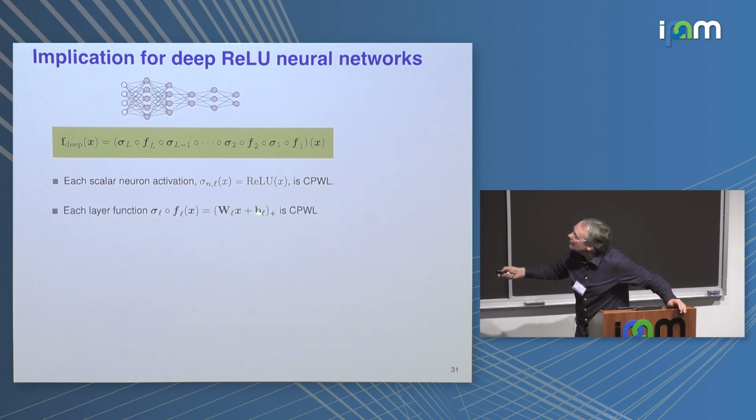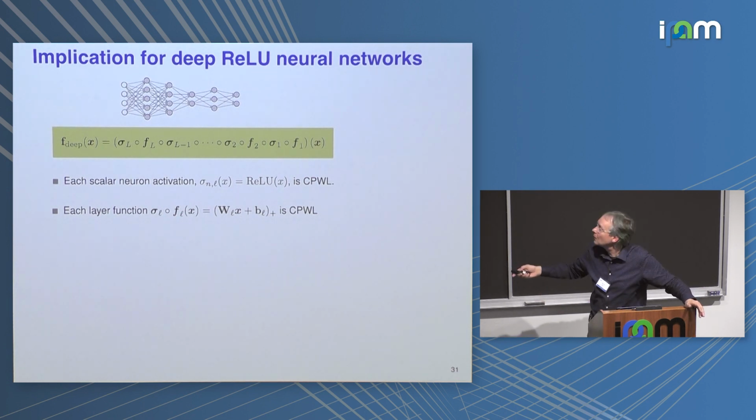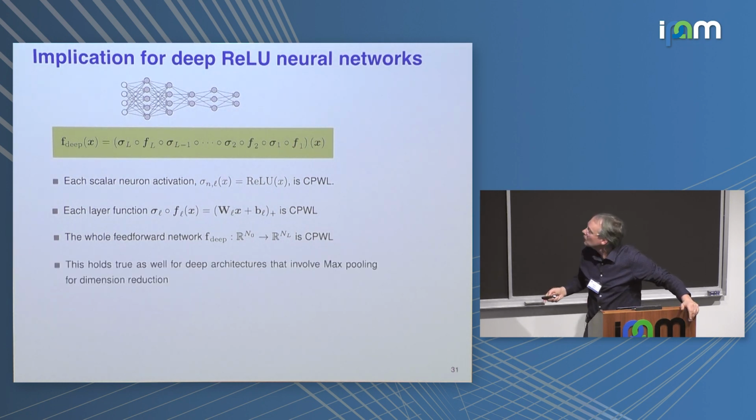Now each layer, if we have here the F, just the linear part, composed by this continuous piecewise linear, is continuous piecewise linear. And then if I just compose layers, it stays continuous piecewise linear.